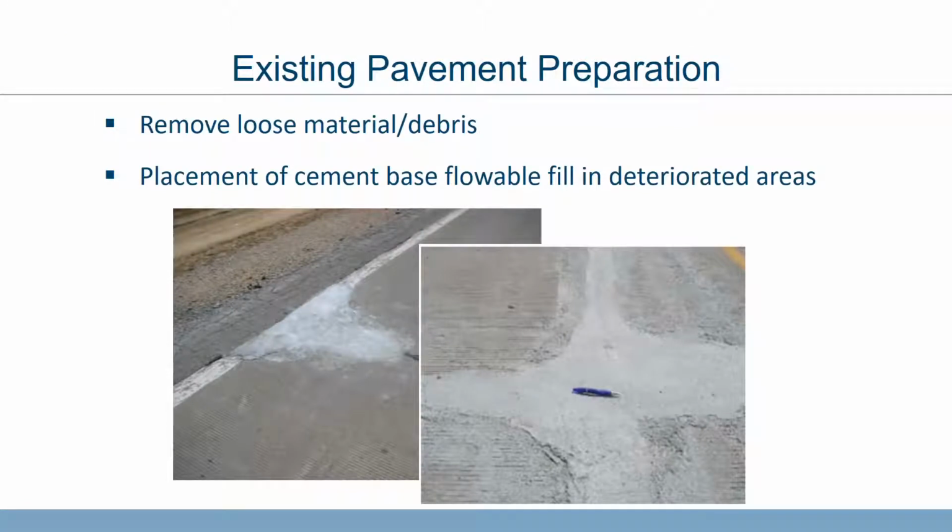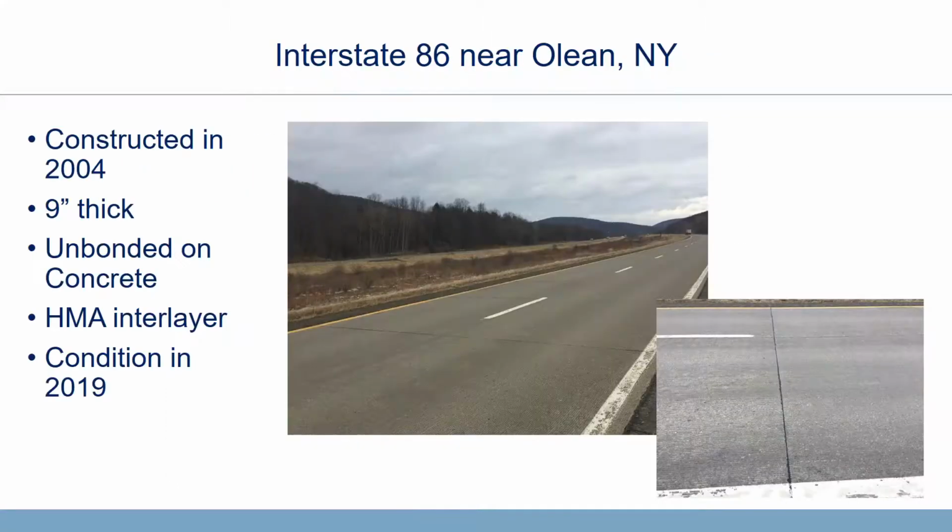Here's what we oftentimes do with preparation on those: remove the loose material and debris. We place a cement-based flowable fill or other type of filler in those deteriorated areas so that we avoid the keying action and make sure that we've got a fairly smooth surface to overlay on.